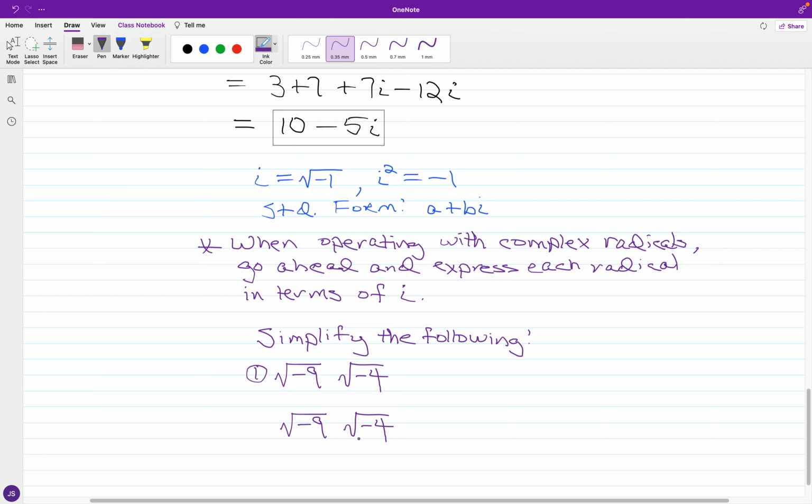So for the square root of -9 times the square root of -4, the square root of -9 goes to the square root of 9 times i. The square root of -4 is the square root of 4 times i. The square root of 9 is 3, so the square root of -9 becomes 3i. The square root of 4 times i is 2i.